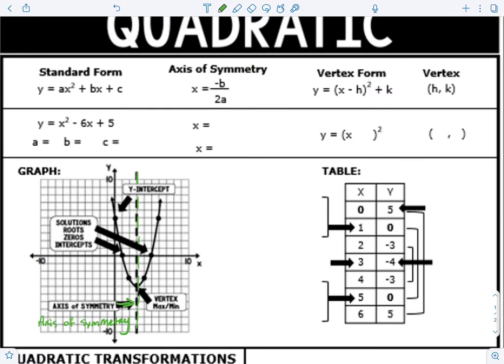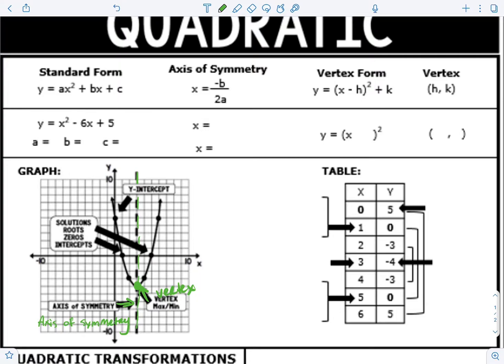And when we say parabola, that's just the shape. What divides this U shape into 2 equal parts? That's called the axis of symmetry. And our vertex is, in this case, the lowest point on the graph. This is our vertex.